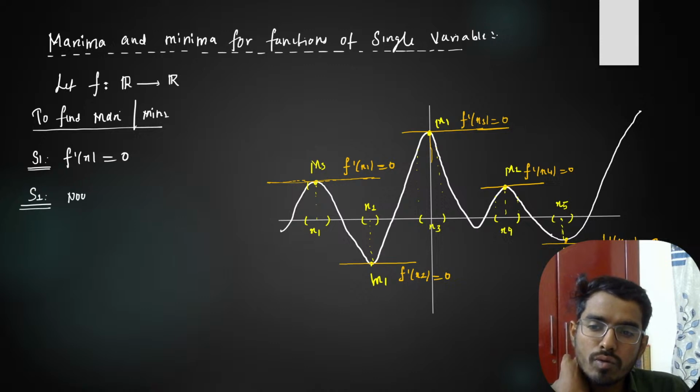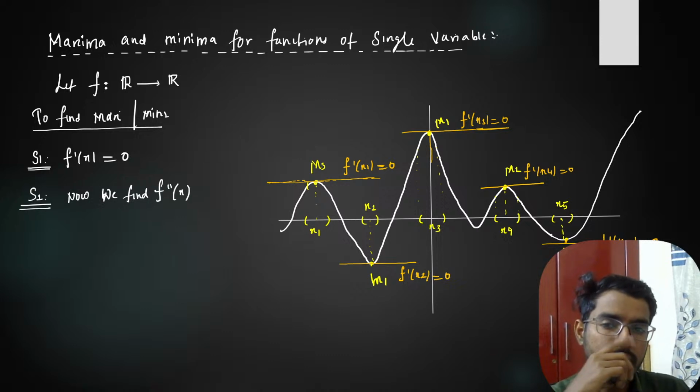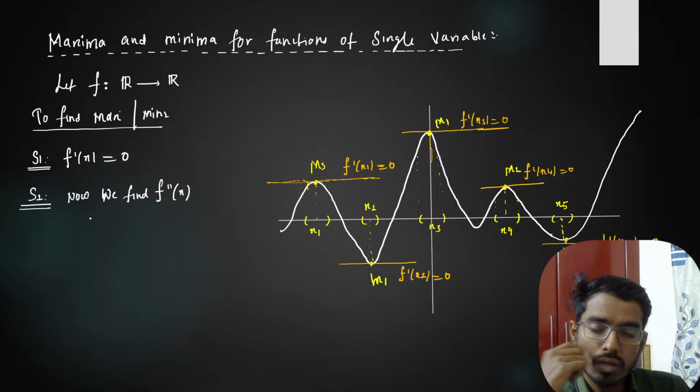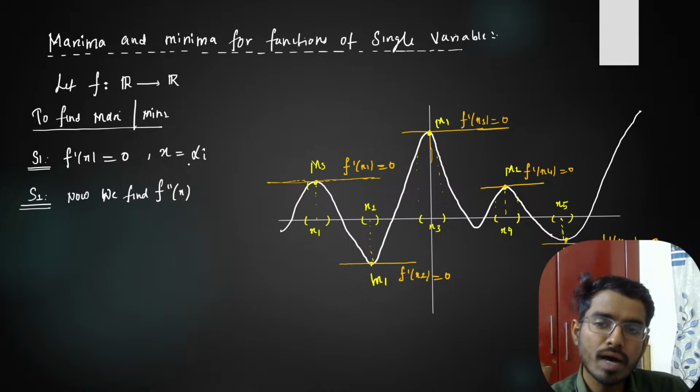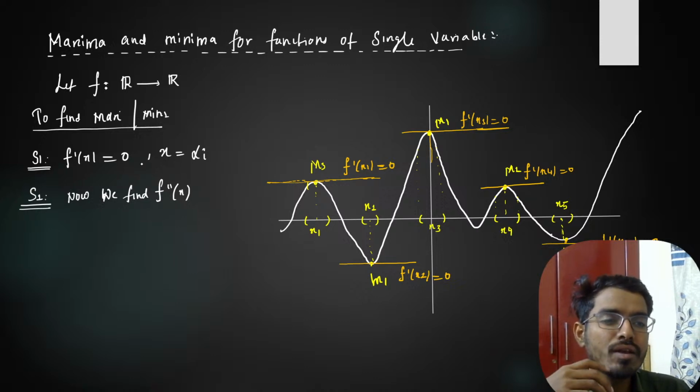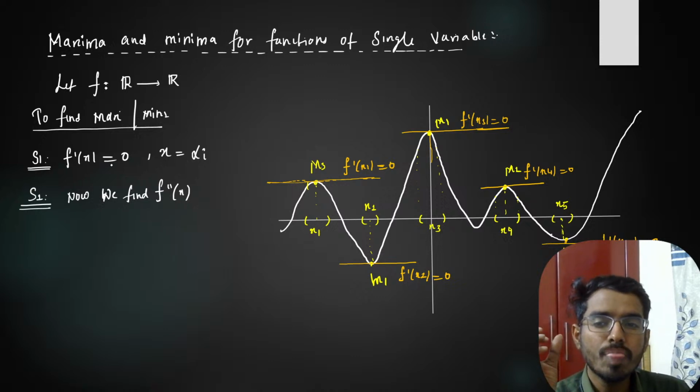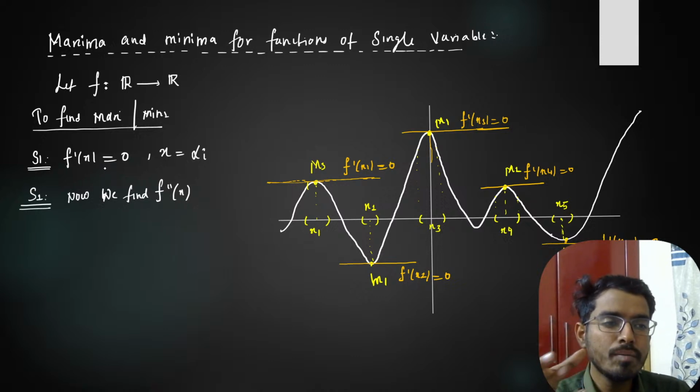Now we find f double dash of x, right? We have the function f of x. Now you substitute, let us say these points are x is equal to some alpha i, right? We will get many values. In this graph, you can see there are 5 values, but depending upon the function, there will be many values. Let us say those points are x is equal to alpha i.